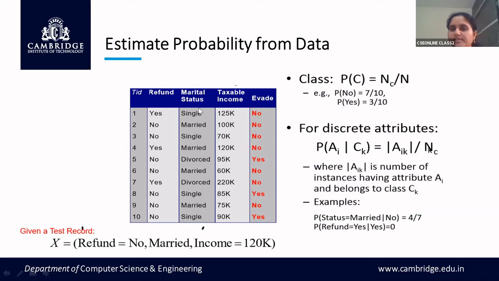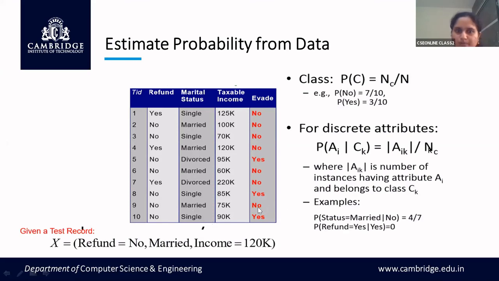Similarly, for marital status is married. How many of them? No, 1, 2, 3, 4. 4 of them are there.